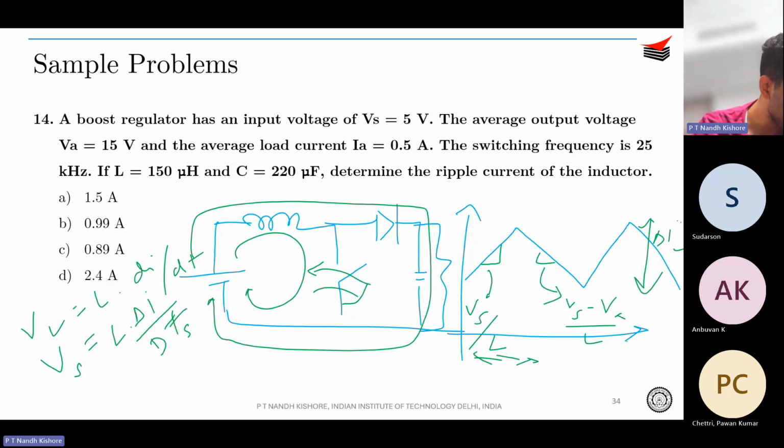Okay, so generally, what is VRMS of L? And there is nothing called VRMS of L as such, actually. I'm not able to catch your question.